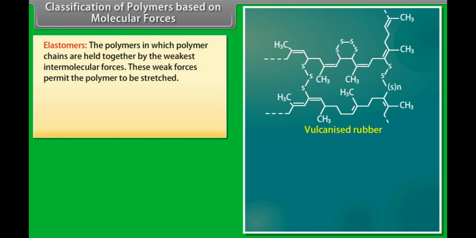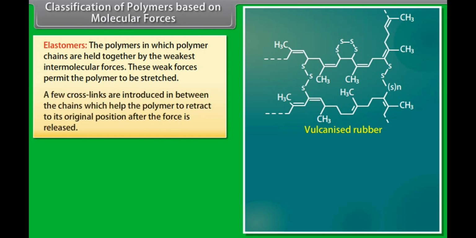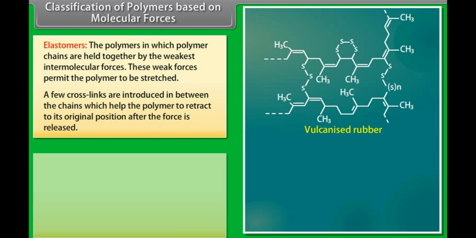Elastomers. The polymers in which polymer chains are held together by the weakest intermolecular forces. These weak forces permit the polymer to be stretched. A few crosslinks are introduced between the chains which help the polymer to retract to its original position after the force is released. For example, vulcanized rubber.